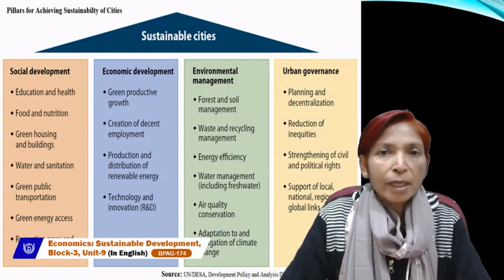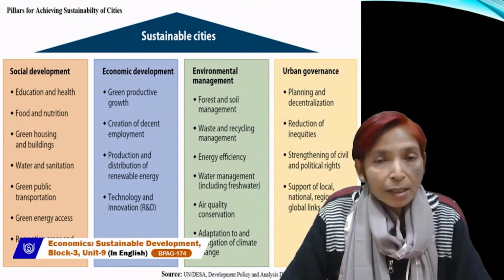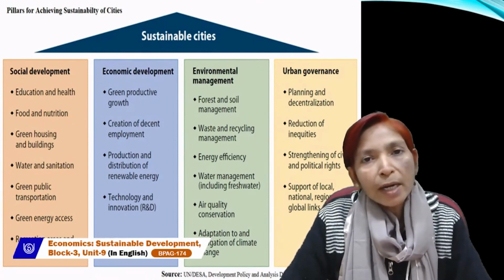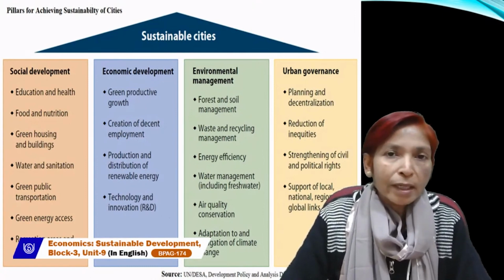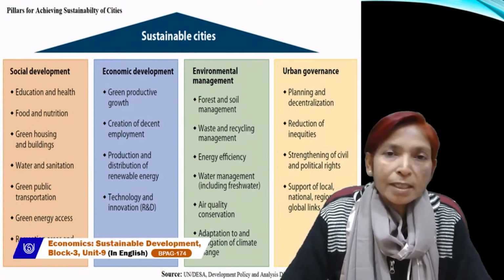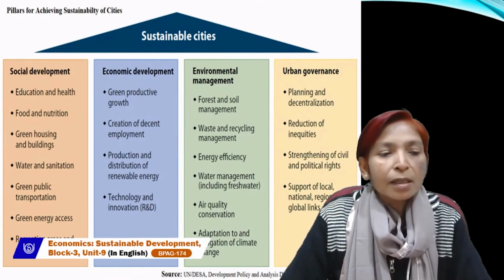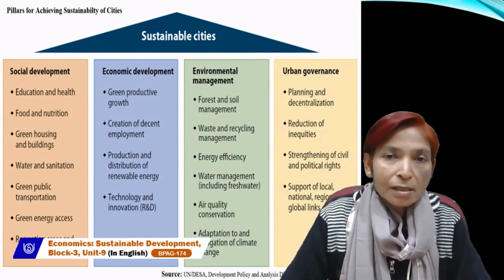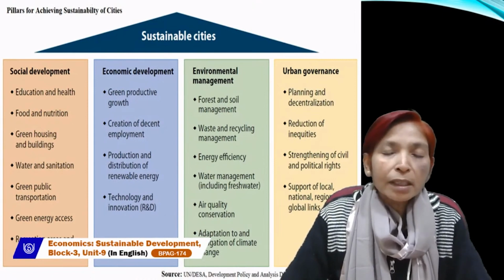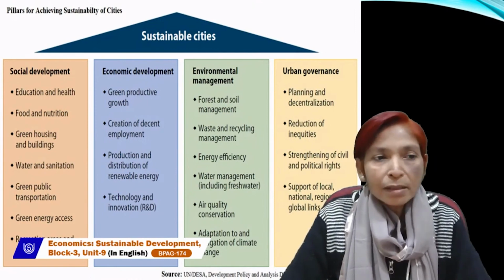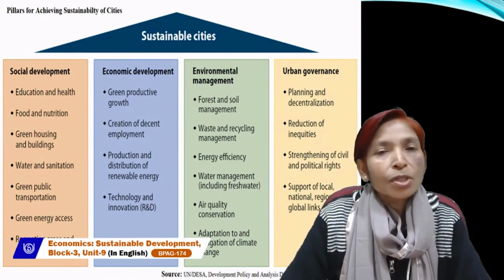So the social development target will be achieved when education and health, food and nutrition, green housing and building material for making houses, water and sanitation facilities, green public transportation, and green energy access are available, and recreation areas and community support are also available, which are very necessary for the achievement of this social development.